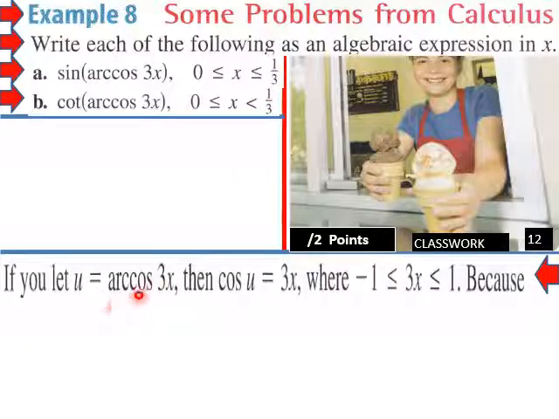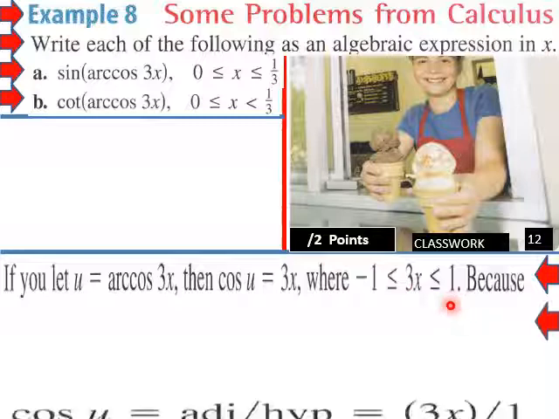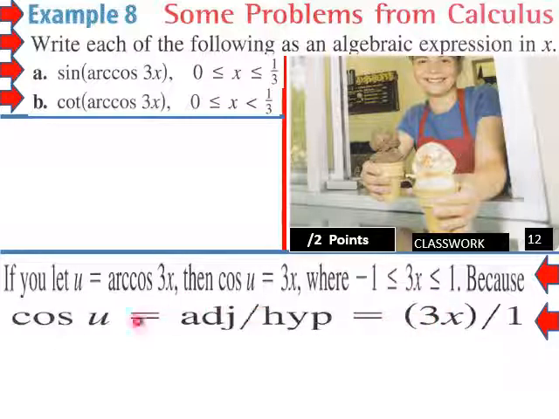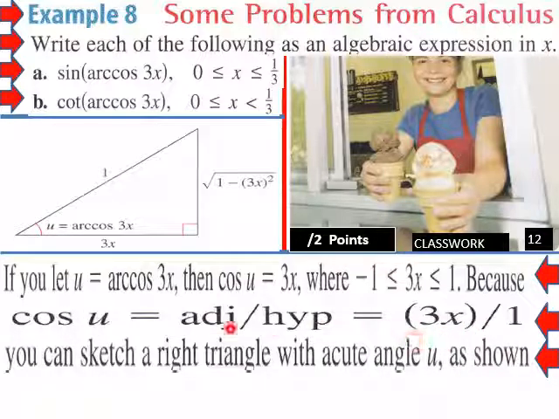So if you let u equal arccosine 3x, then cosine u equals 3x, where negative 1 is less than or equal to 3x, less than or equal to 1, because cosine u equals adjacent over hypotenuse equals 3x over 1. You can sketch a right triangle with acute angle u as shown.